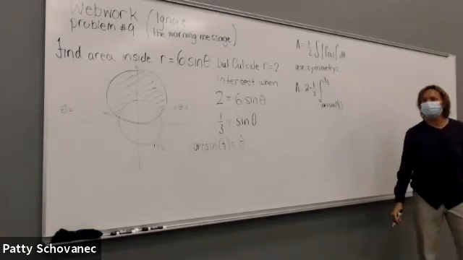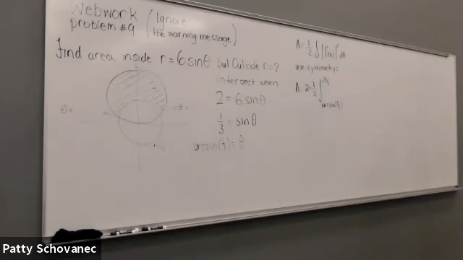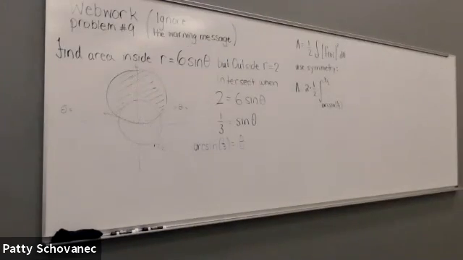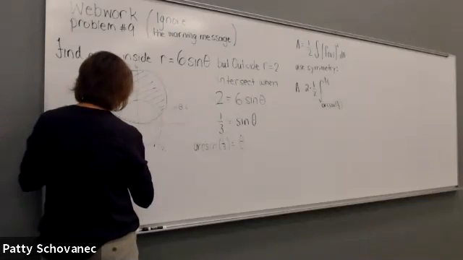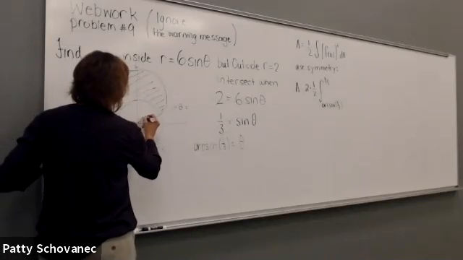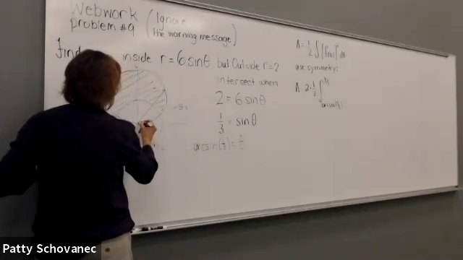Now, what do I do about my f of theta squared? Remember what we're doing when we're finding these areas. We're subdividing the region with sectors. So a typical partitioning element looks something like this. I'm going to draw it big so you can see it.